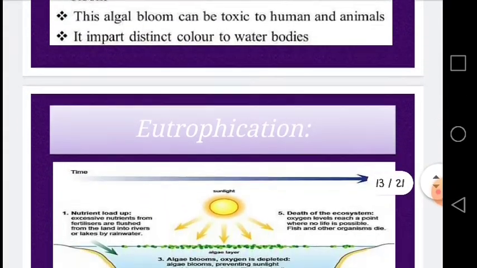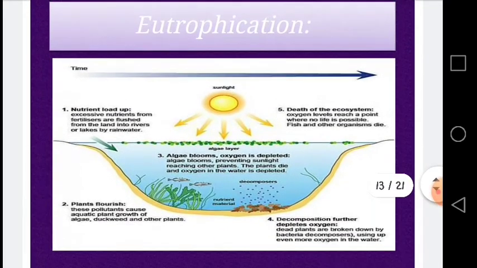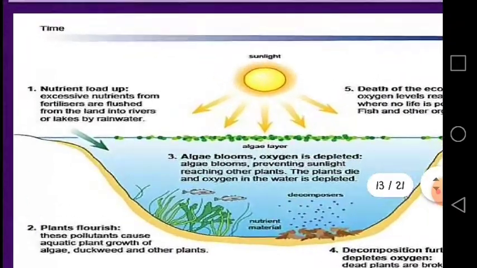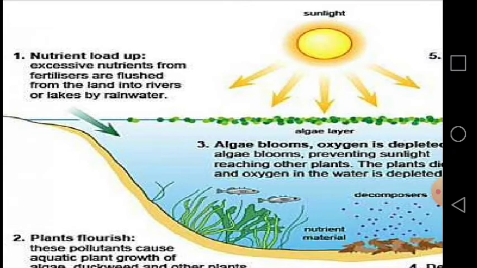The algal bloom, which is also called eutrophication, involves 5 steps, and we are going to discuss how eutrophication happens. First of all, the nutrients load up. Excessive nutrients from fertilizers are flushed from the land into rivers or lakes by rainwater.